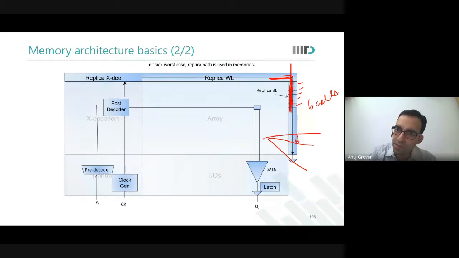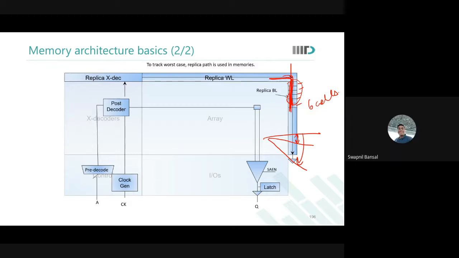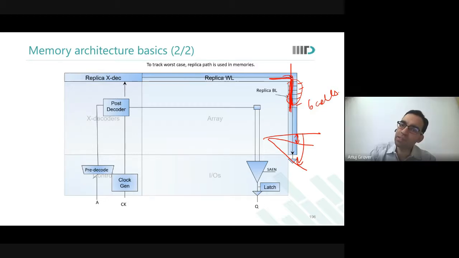If this is discharging at one rate, this will discharge at 6 times faster rate because there are 6 cells which are discharging. Now what this means is, if you put an inverter here and this replica bit line has gone to VDD by 2, then at that time other cells in the memory array would have gone to VDD by 12.